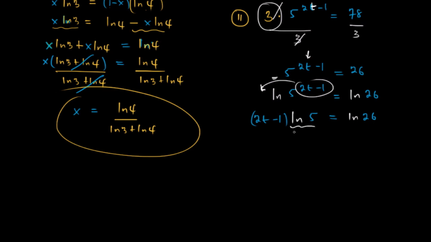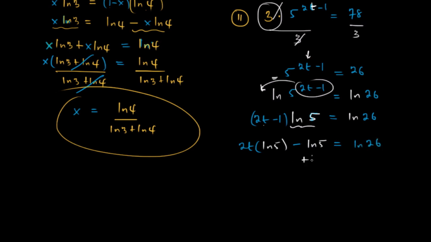What you're expanding now is ln 5 times 2t minus 1. That's going to give you 2t times ln 5, then minus, now 1 times ln 5 is going to give you the ln of 5. So this is equal to the ln of 26.